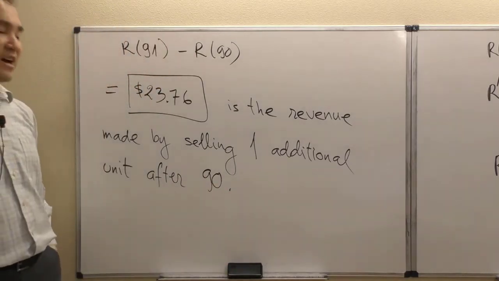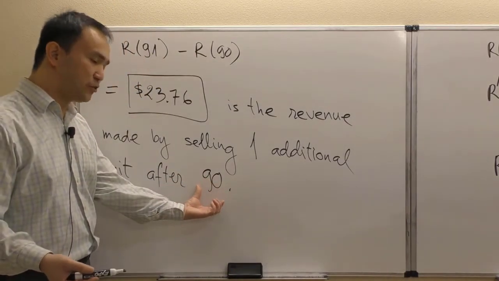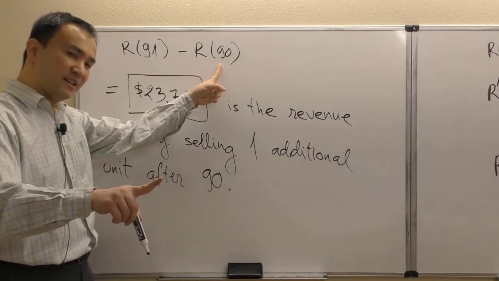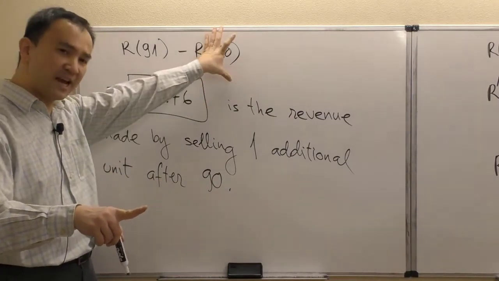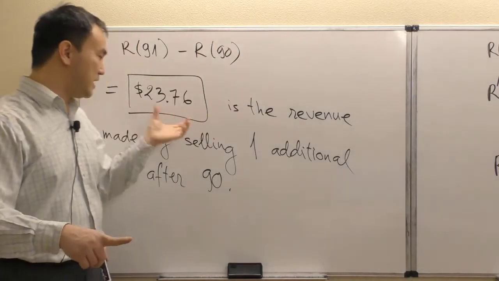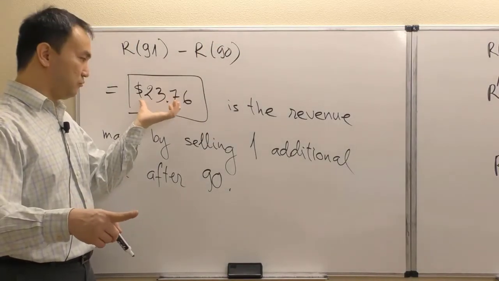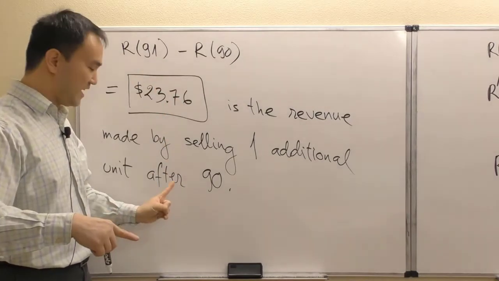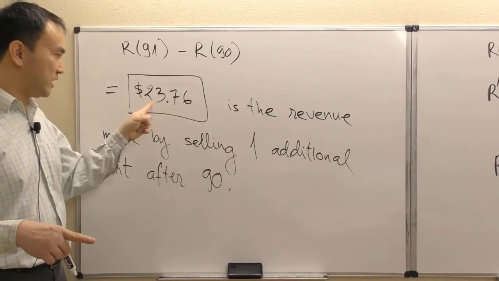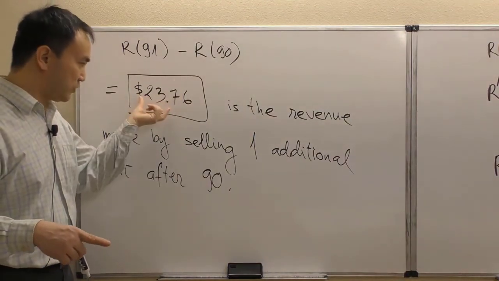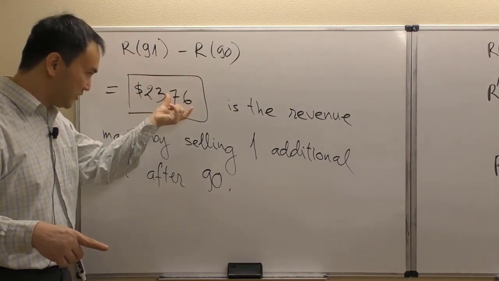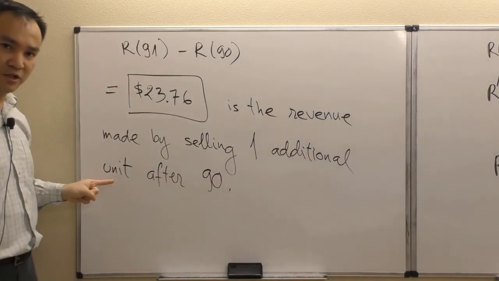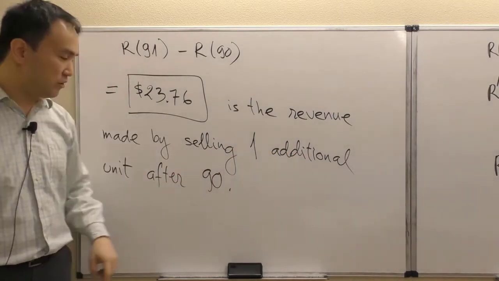And I'm saying after 90 because right now we're focusing on selling 90 units away, and then we want to ask at that instant how much revenue we would bring in by selling 1 additional unit. That's what I mean by this $23.76: it is the revenue made by selling 1 additional unit after selling 90 units away.